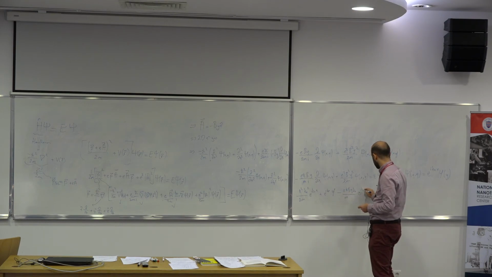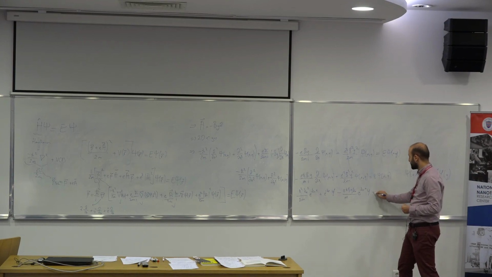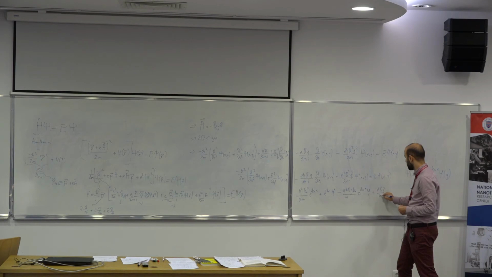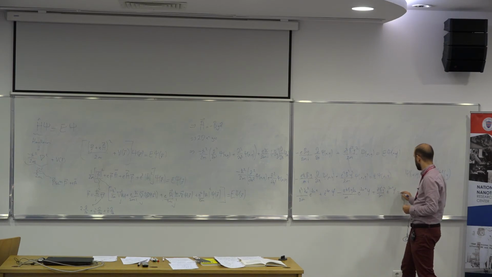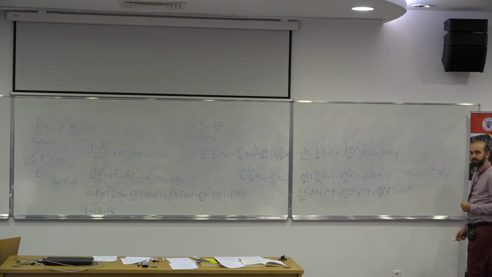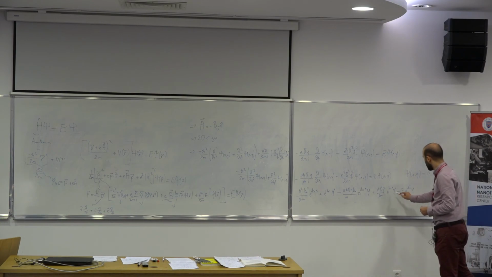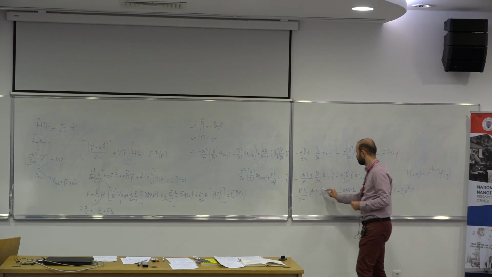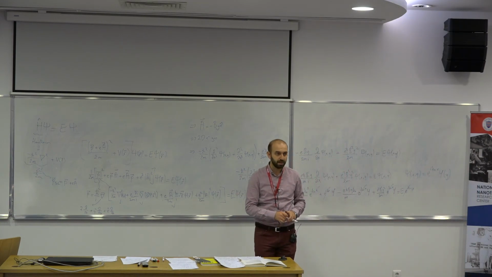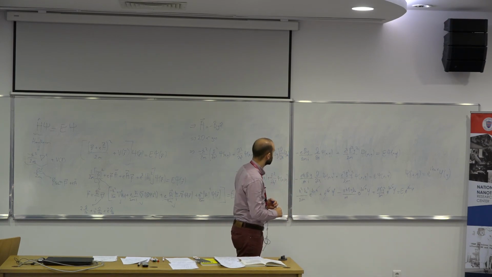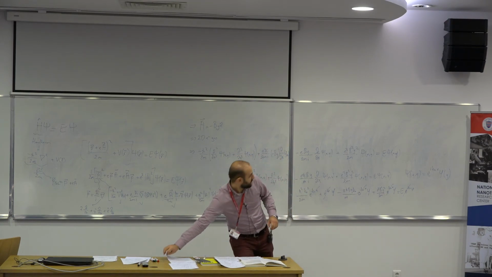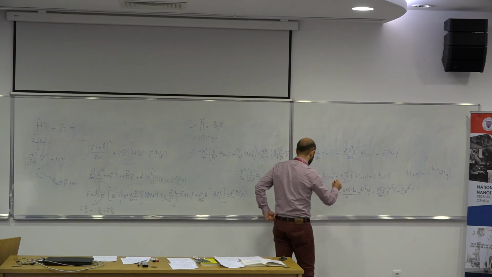So I'm going to have e kx x and then y plus e squared B squared y squared over 2m, times e to the i kx x psi(y), which is equal to E e to the i kx x psi(y). So all these e to the i kx x factors can go away. I don't care. It's just a phase factor. Now the final equation that I ended up with is something like this.